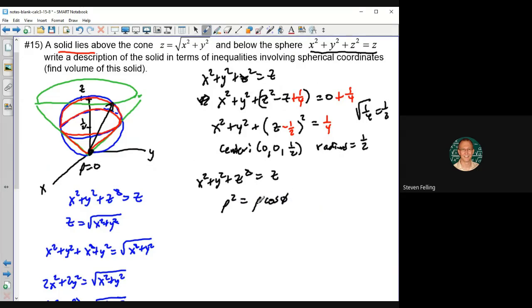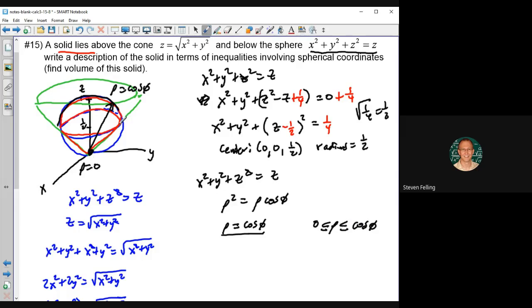As long as rho is not 0, which will only be at this point here, but we're really trying to find the edge here, this edge. So rho is not 0. It's legal for me to divide both sides by rho and get that rho equals cosine of phi. So this is the equation of this surface here, rho equals cosine of phi. So I could state that rho has to stay between 0 and cosine of phi, okay?